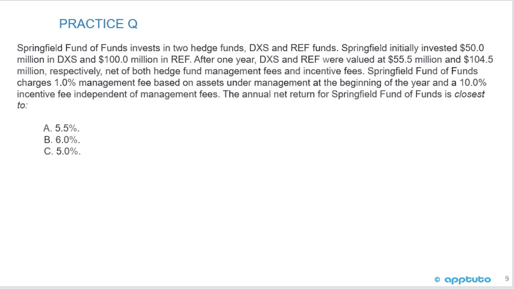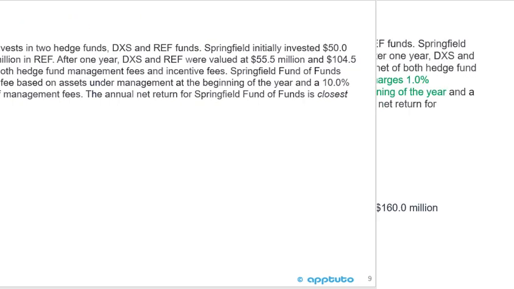Springfield Fund of Funds charges 1% management fee based on assets under management at the beginning of the year and a 10% incentive fee independent of management fees. The annual net return for Springfield Fund of Funds is closest to A, 5.5%, B, 6%, or C, 5%.